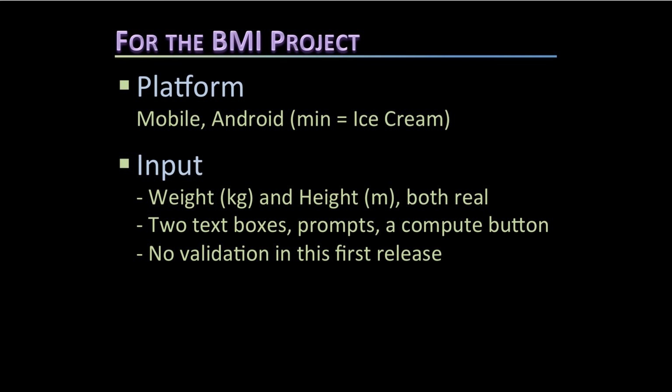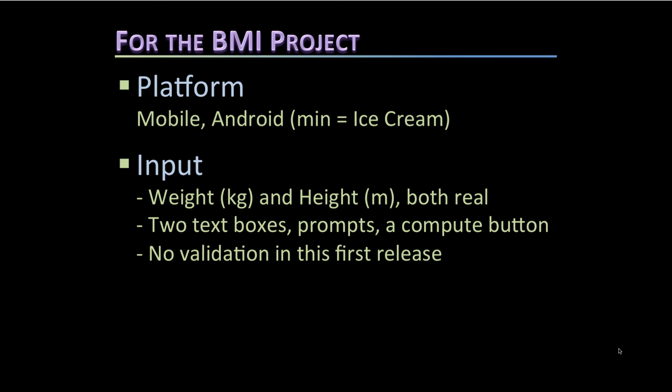We will not worry at this stage if the weight, for example, were not a number, or if the weight is not meaningful as a weight, negative, for example, and we will ignore other features that the user alluded to. For example, when we met with the user, they mentioned things like the height could be in feet and inches, the weight could be in pounds, and so on. We will address all these tweaks in future releases.